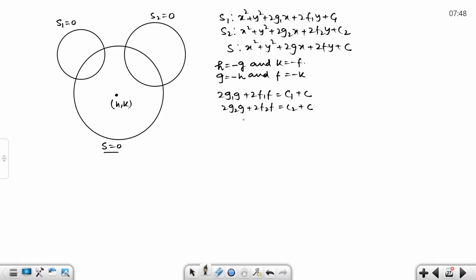So what I have to do is, basically we have to find out a relation between G and F. So here we will only remove the parameter C because C has been introduced by me. It's a parameter. The rest of the things are given to us. So if we subtract these two equations, we are going to have, am I correct?